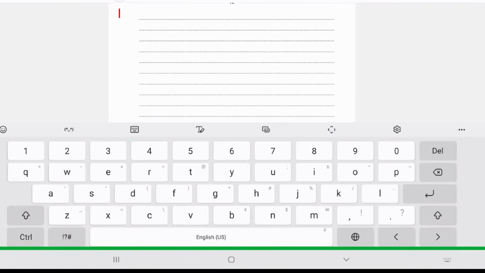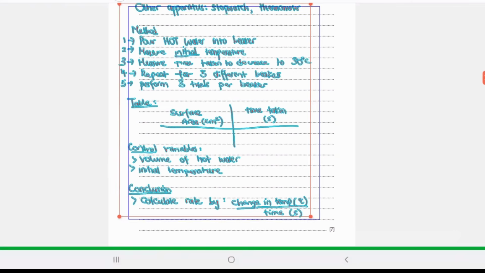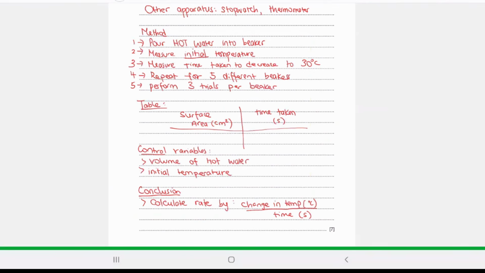And in my sample response below, I'll show you how we can score all 7 marks. And so here's my model answer, in which all 7 points are included.